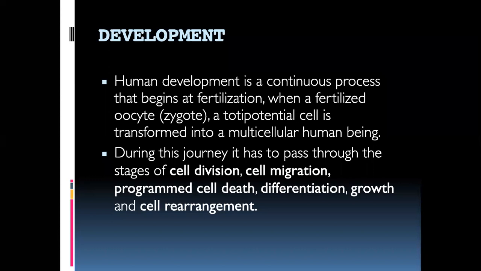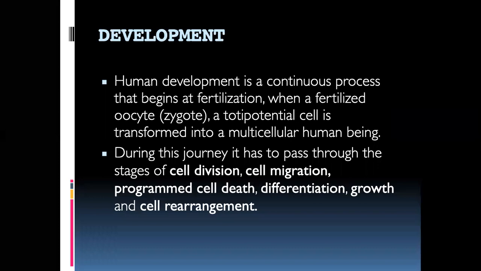We already discussed that in the previous class. The zygote is a totipotential cell, totally potent to give rise to an entire human being. So from a totipotent cell, it is transformed into a multicellular human being. This is the development which we are going to study.